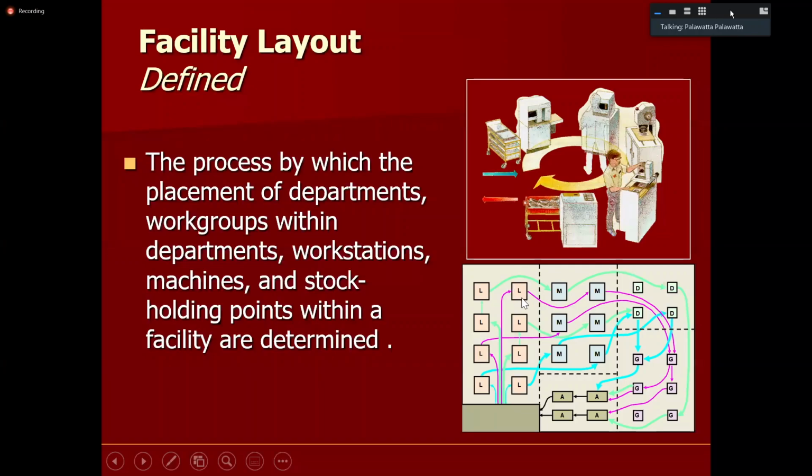L is one machine, one work center, and then it goes to this M, work center M, and it goes to work center G, and then again G. So there are 6 work centers for G. And then for example this work center gets one M from here, another M from here.